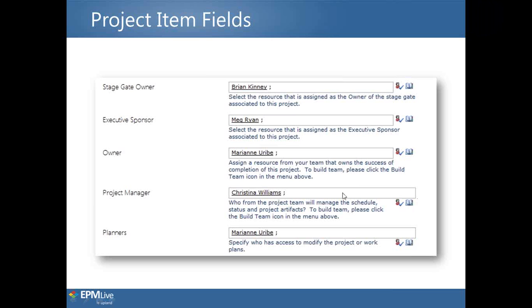The project manager is the person who's going to manage the project item details and perhaps the schedule. And lastly, we have the planner, and this person is who will manage the schedule and will have access to launch that project planner if their name is listed here and they're added as an owner to my team. So these are some of the project item fields where you can add resource names.